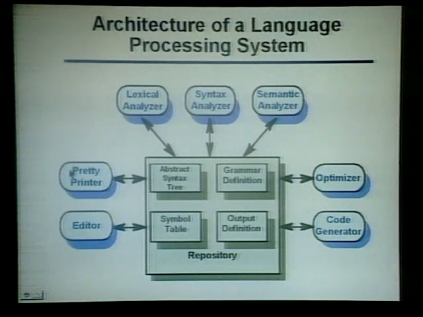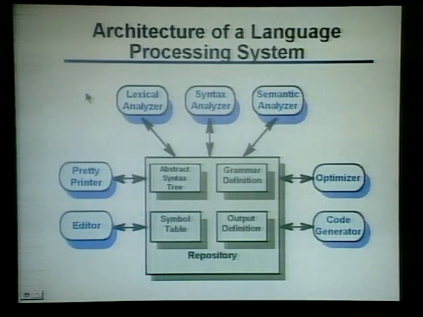Of course, you don't need to understand how these components really work. The basic idea is that a very common language processing system is built around what we've been calling the data-centric approach, where we have the common repository and different components get the data from that common repository.